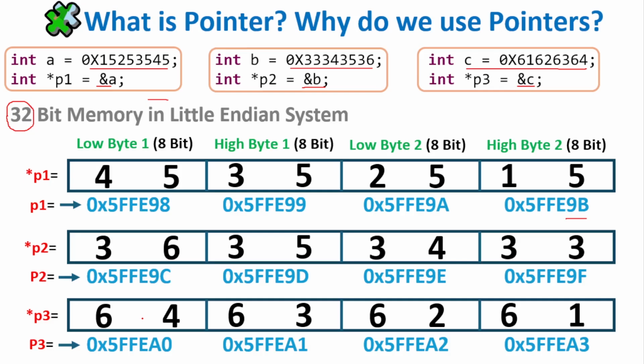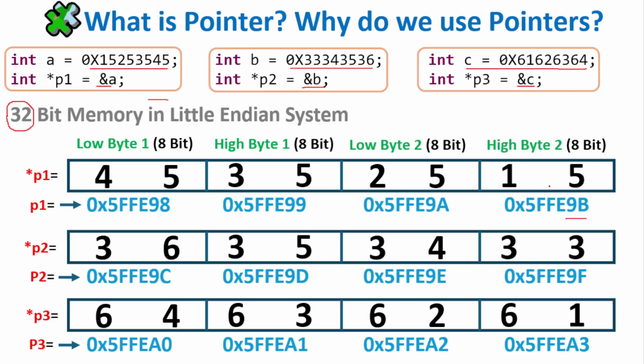An important detail here is that this system uses Little Endian memory format, which means the least significant byte of a number is stored at the lowest memory address. So inside each box, the byte with the smaller value appears on the left side, representing the lower address, while the most significant bytes appear on the right at the higher address.